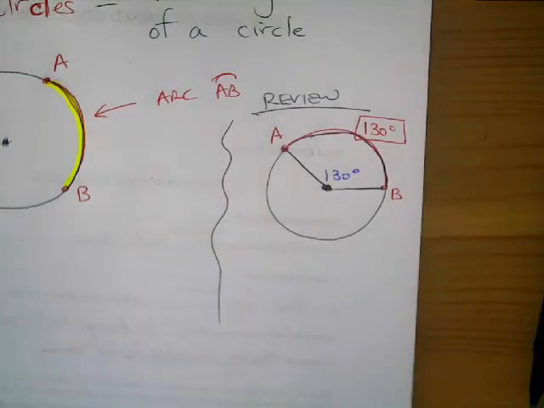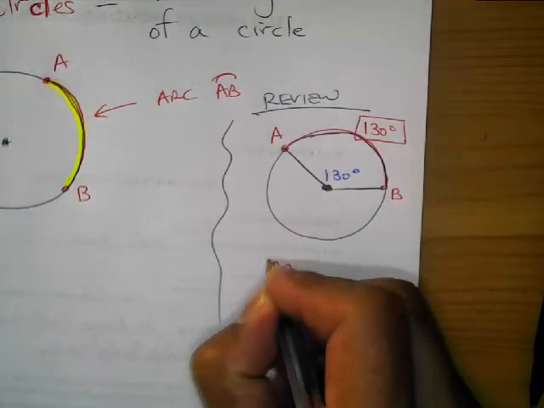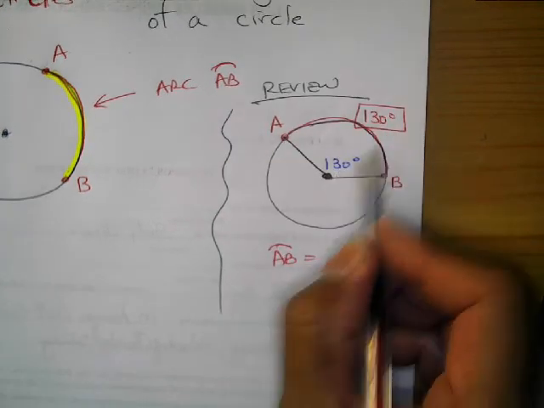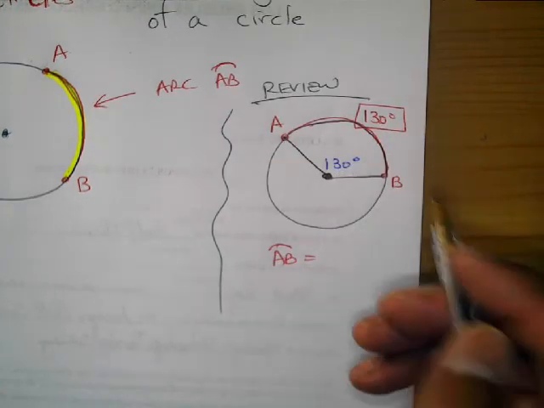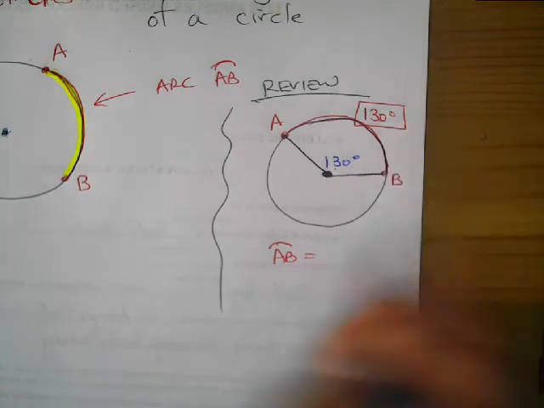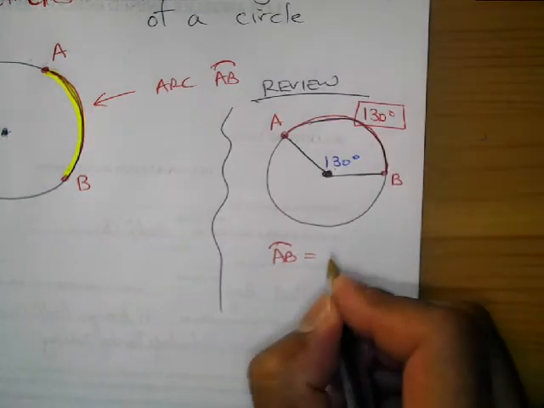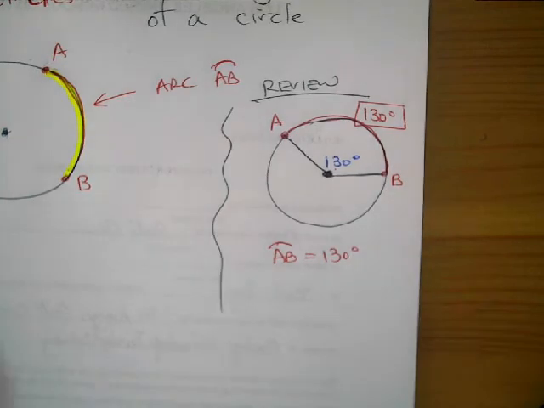Remember that? So AB, the degree matched the central angle. They were exactly the same measure. It was so easy, right? Whatever this one is, this one is. If it's a central angle, which you're going to be dealing with in this assignment.